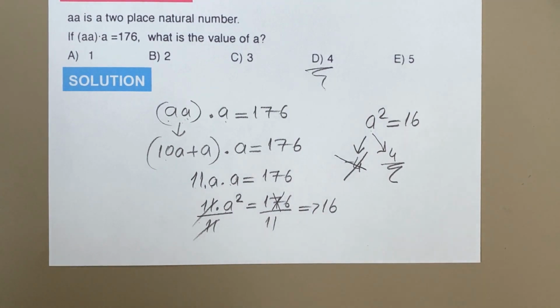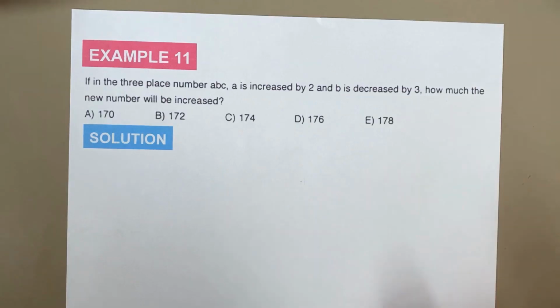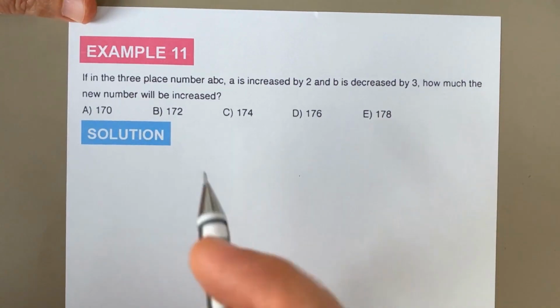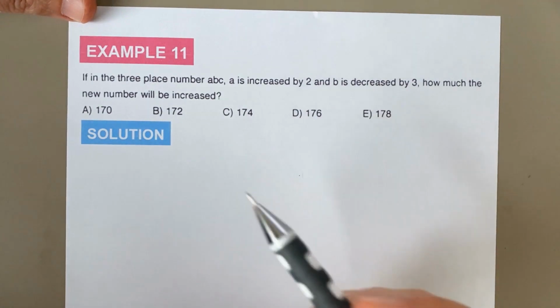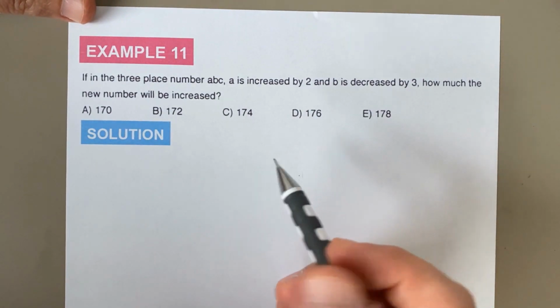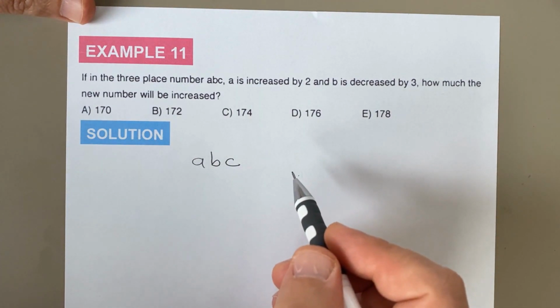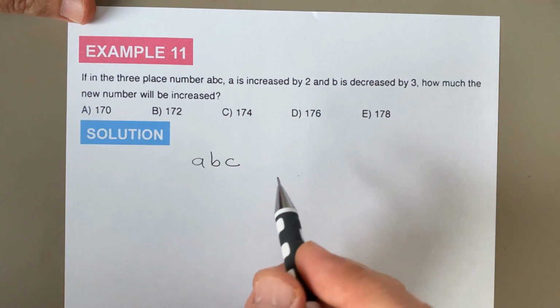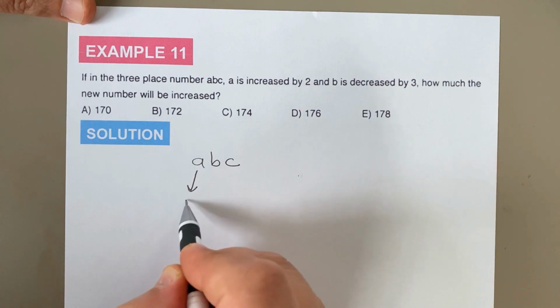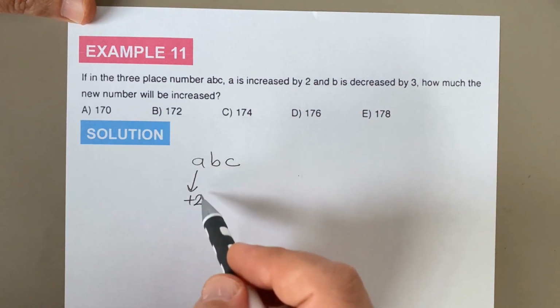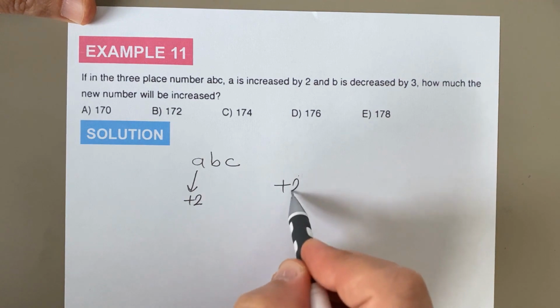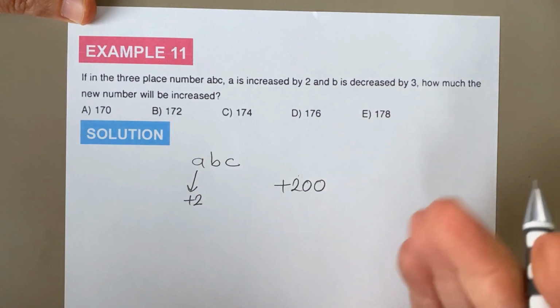Let's move on to the next exercise. Let's take a look at this example. Let's read: in the three-digit number ABC, the digit A is increased by 2. Increasing this digit by 2 means that the number will increase by 200.